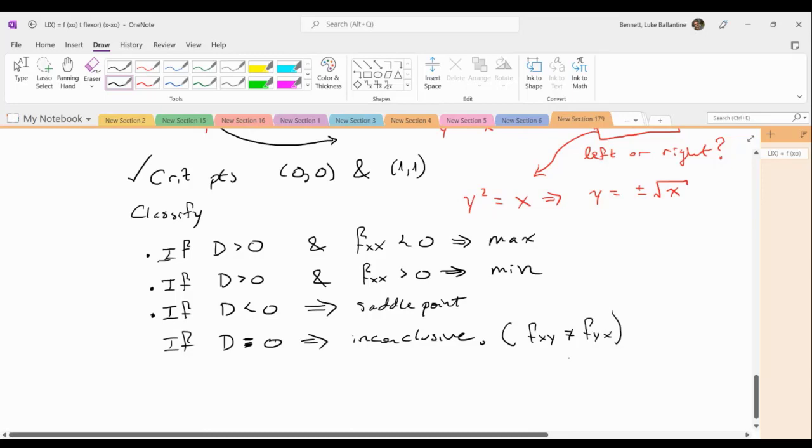But earlier we said that these are always equal. Well, that's another one of those things. They're always equal in this class. So if d is 0, then fxy does not equal fyx. And this would happen if the second partial derivatives were not continuous.